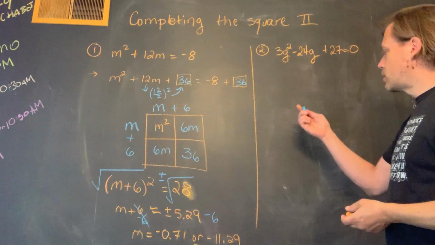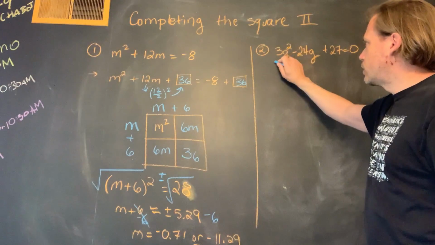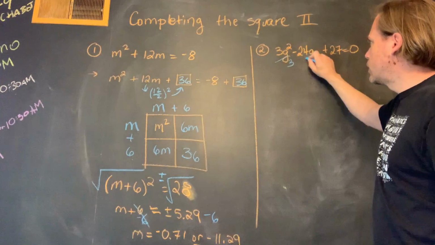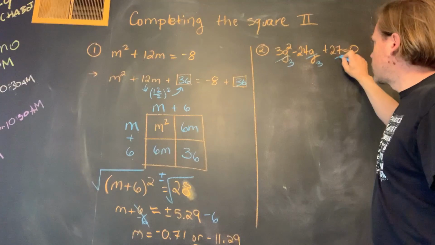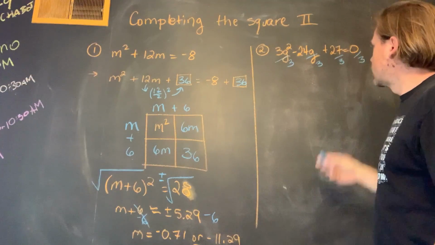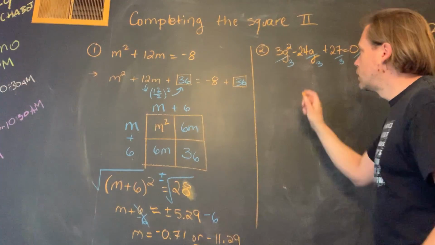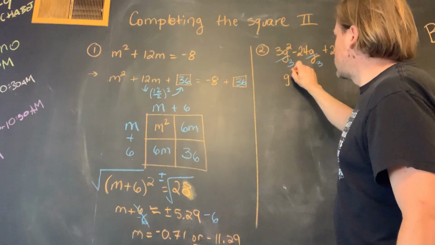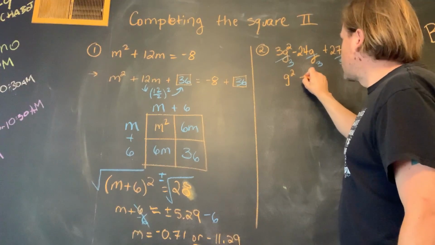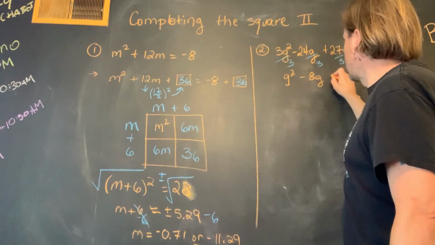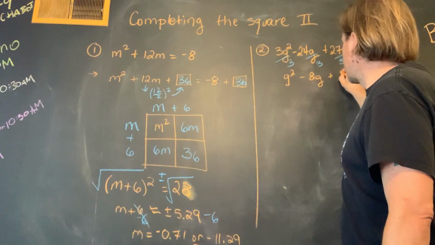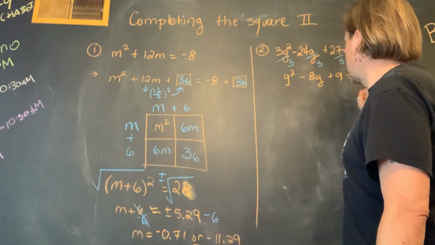So over here, I'm going to start, just to simplify this, if you can do that, you do that. Divide everything by 3, and you get g squared minus 8g plus 9 equals 0.